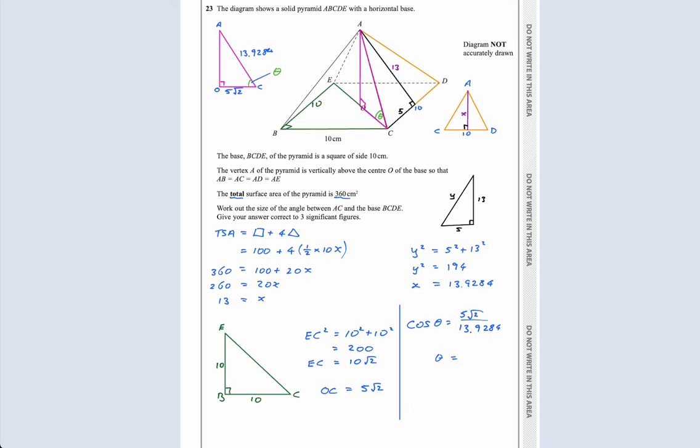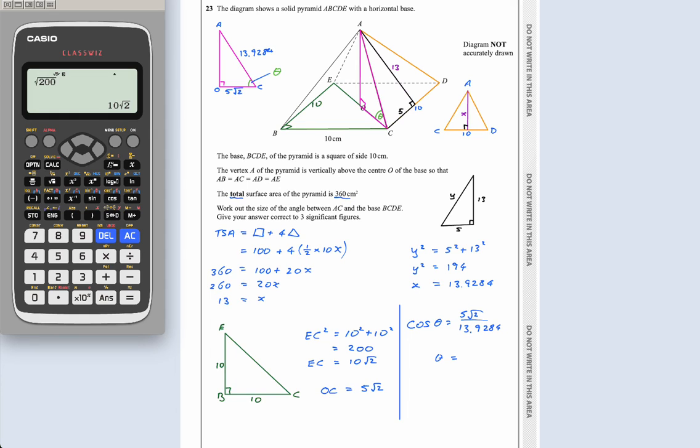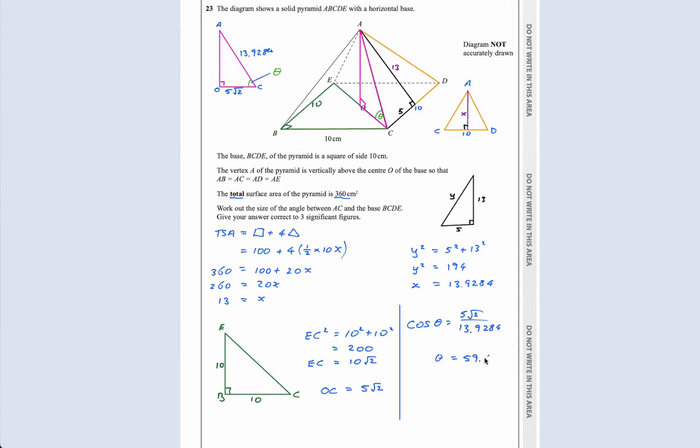Now, please let this be the right answer. This is a complicated question. So, inverse cos of 5 root 2 over 13.9284, close bracket, and I get 59.491, which is the right answer, thankfully. 59.491, but she says 3 significant figures, so I'll give it as 59.5.